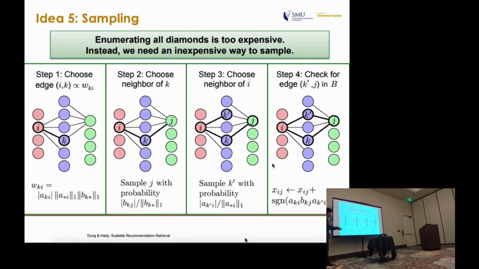You maintain a sampling count, and whenever you can sample a path from i to j through any node in the middle, you increase the value of the sample x_ij.